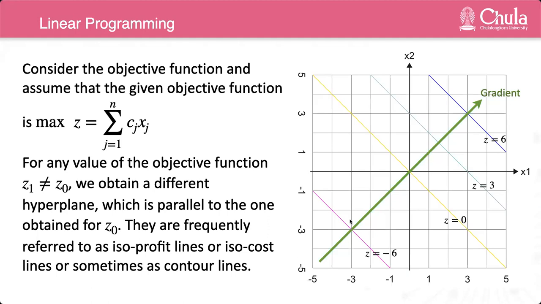And if we draw a direction which is perpendicular to the contour line, we have a vector of gradient. What does it mean? This vector, this gradient, shows you the direction in which the objective function changes. Right? Because it's the gradient of that function, it must be perpendicular to the contour line.